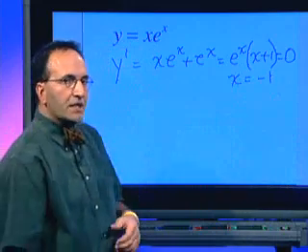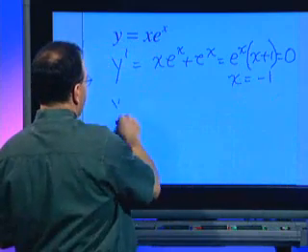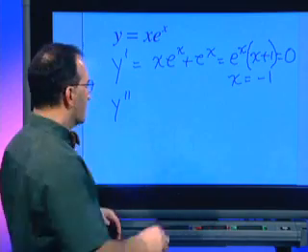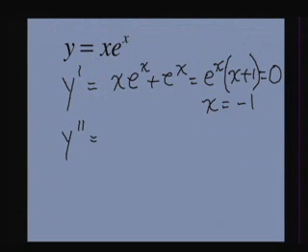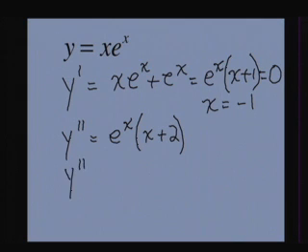Now I need to find the second derivative, which we've already done before. Y double prime, remember we said, was equal to e to the x times x plus 2 in its factored form. And now what we're interested in is, what is the value of the second derivative evaluated when x is equal to negative 1? And in that case, the second derivative is going to be positive.